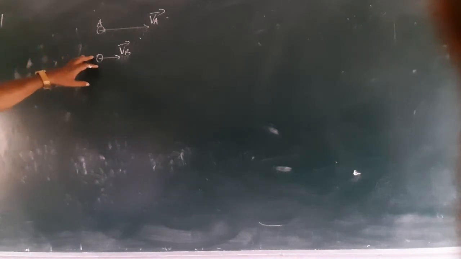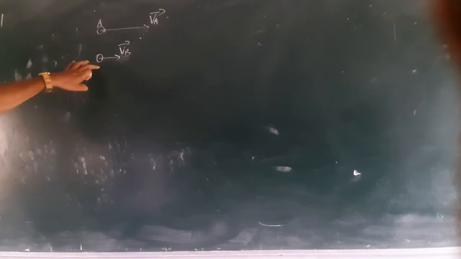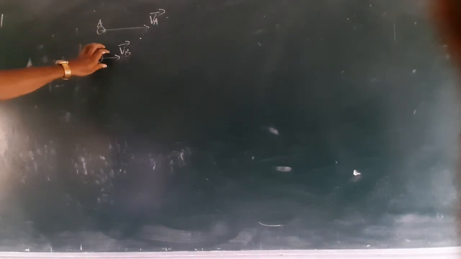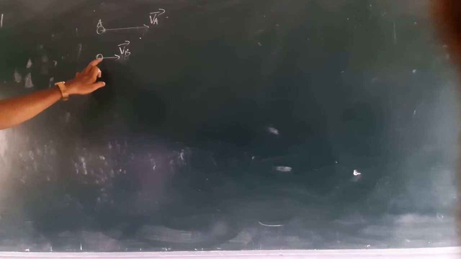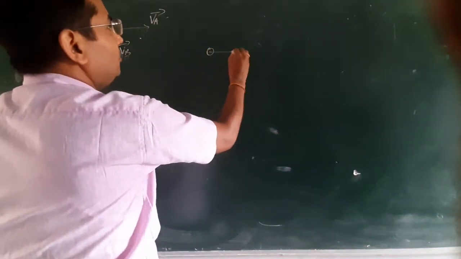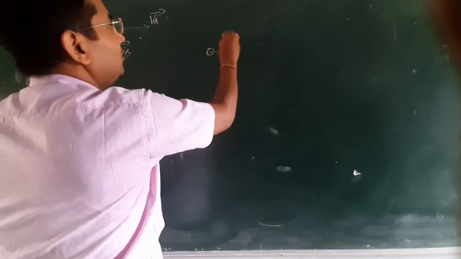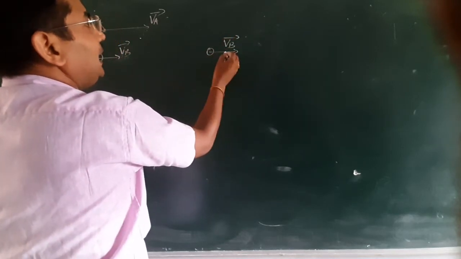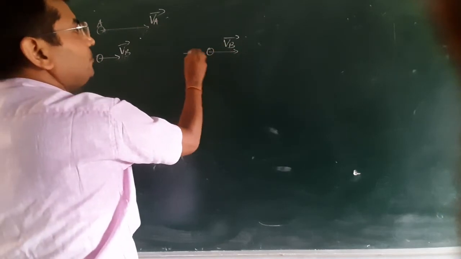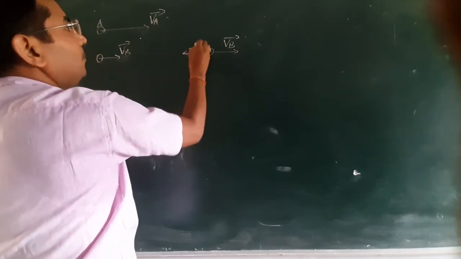We have to obtain the relative velocity of A with respect to B. To find the relative velocity of any object with respect to another object, the other object should be made to be at rest. In order to make the object be at rest, what can we do? We can add the opposite vector of vector VB, and the opposite vector of VB will be minus VB.